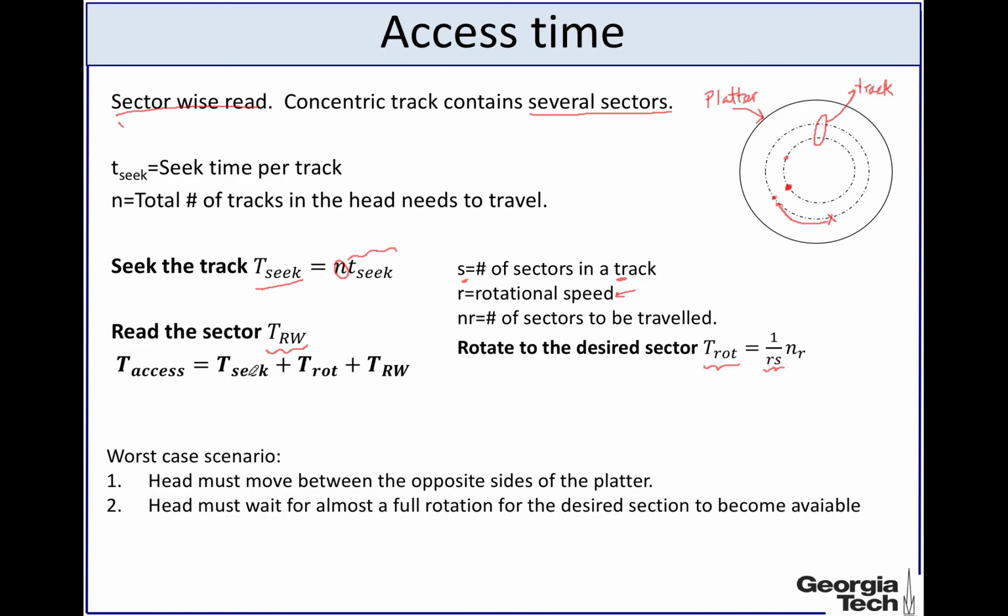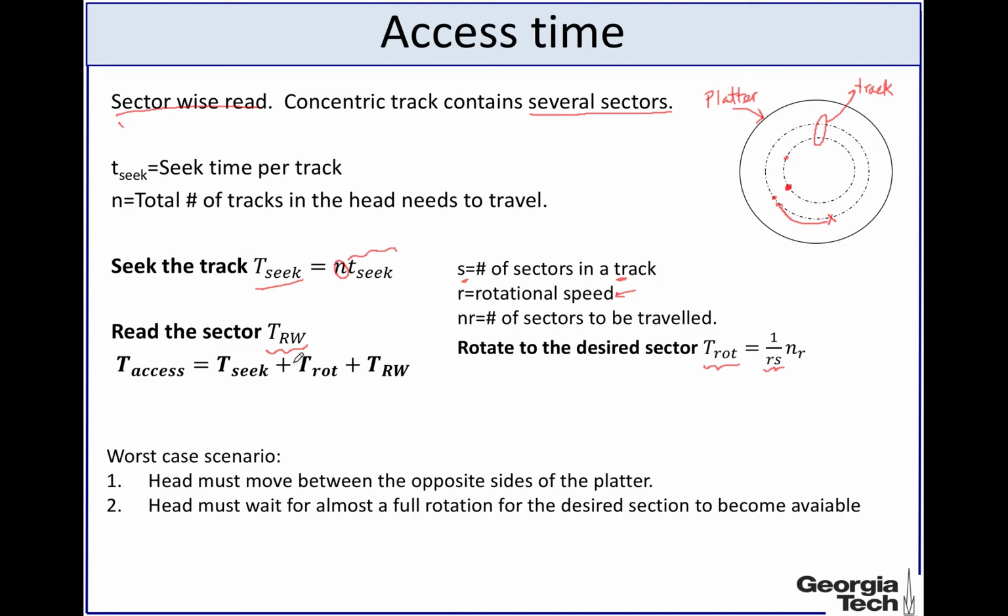So the total access time is the sum of all these three times: the seek time, the rotation time, and the read time. You can clearly see that depending on where the head is and where the physical location of the data is, the access time will vary.